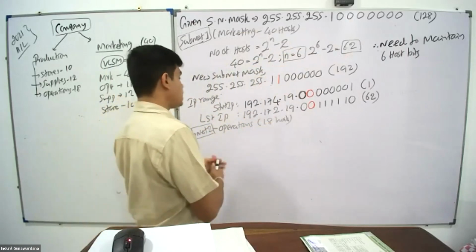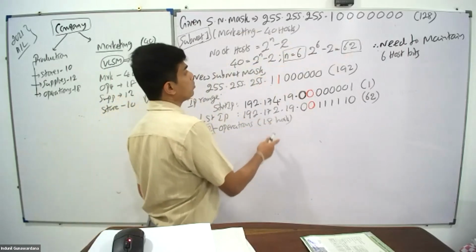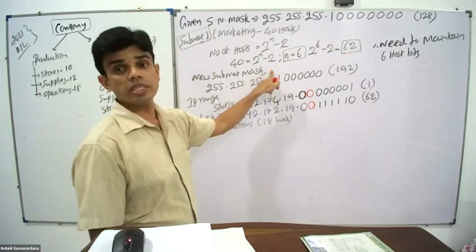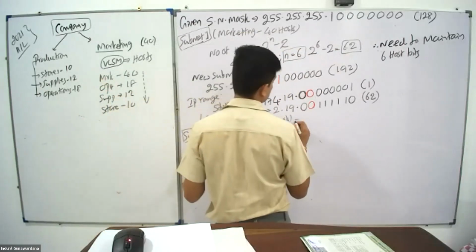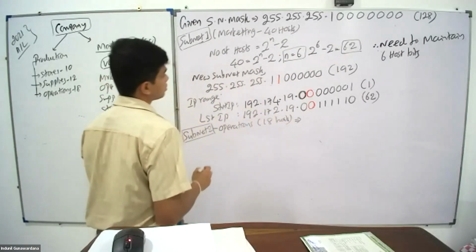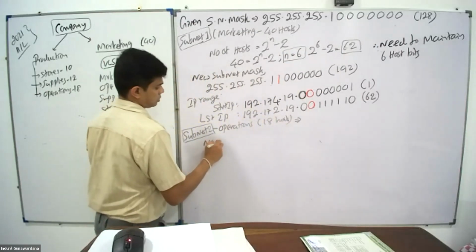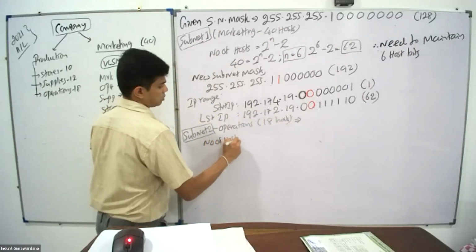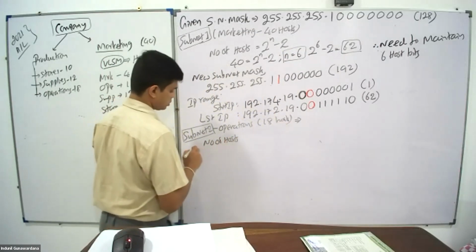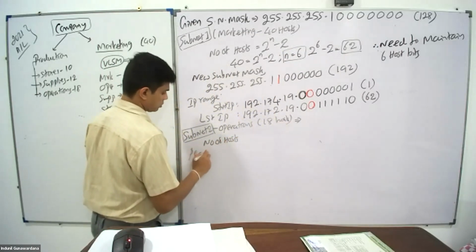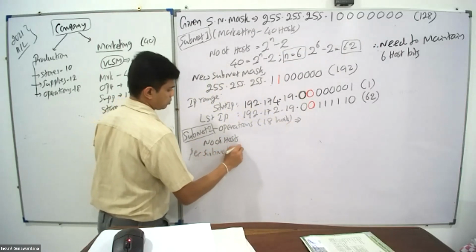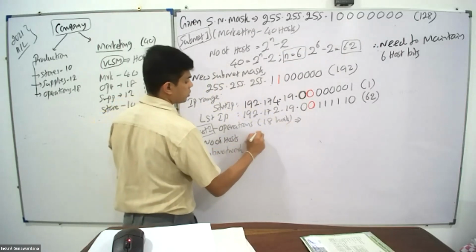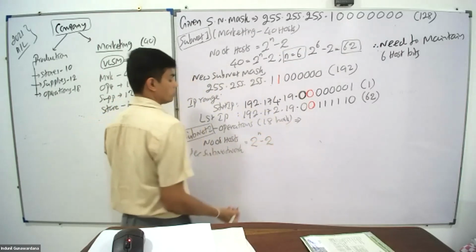So to maintain 18 hosts, now I need to find how many host bits are required. Number of hosts per subnetwork is 2 to the power n minus 2.